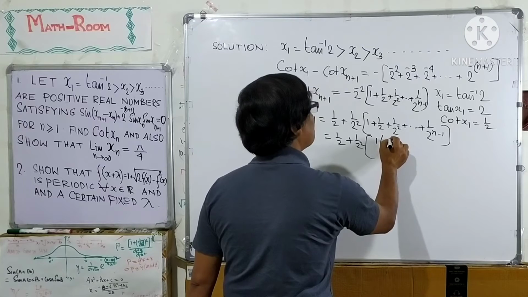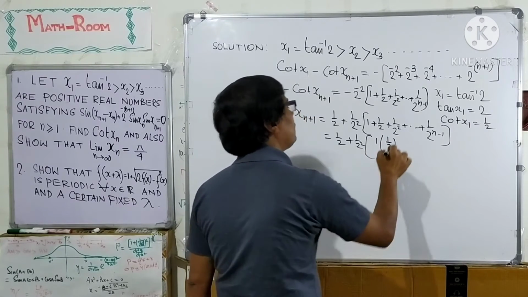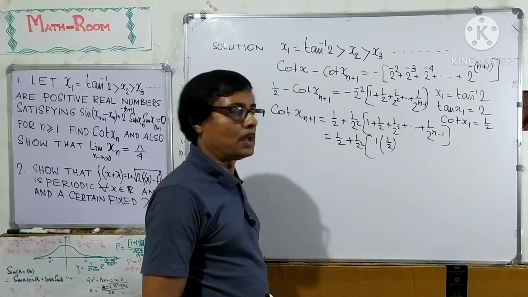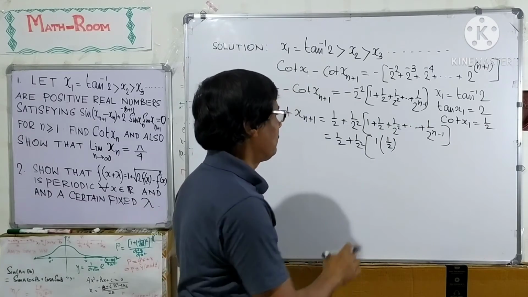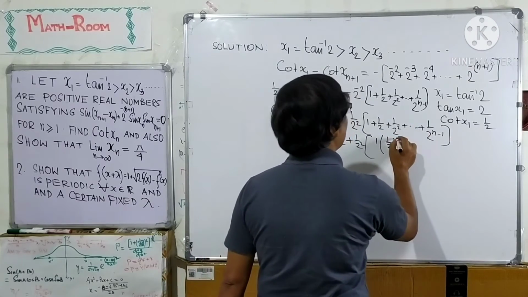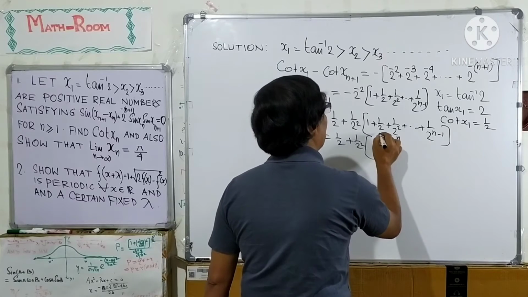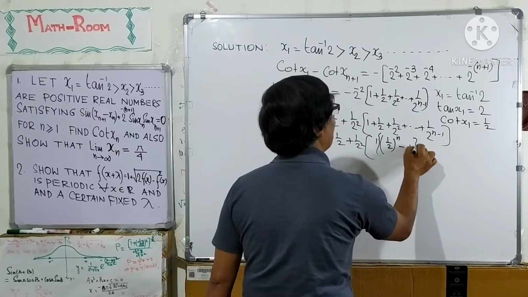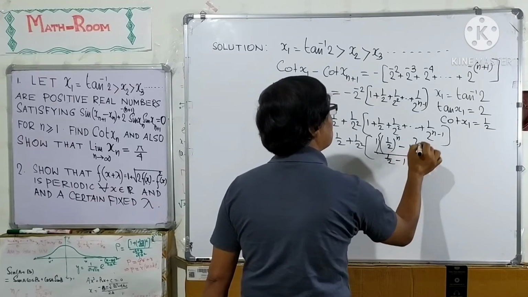Common ratio is 1 over 2, and here the number of terms is n.